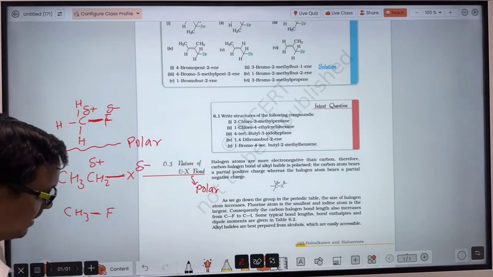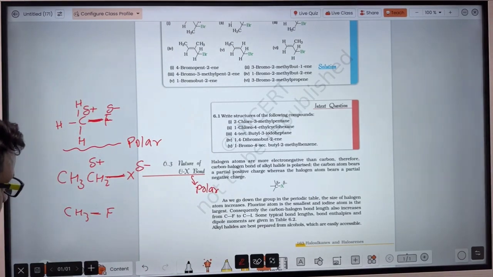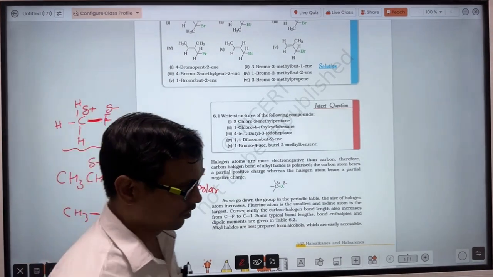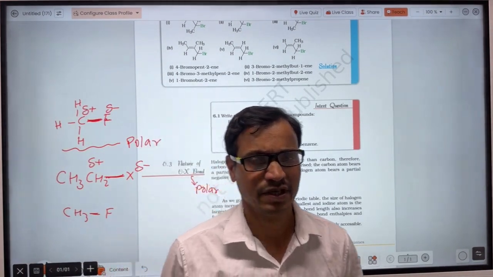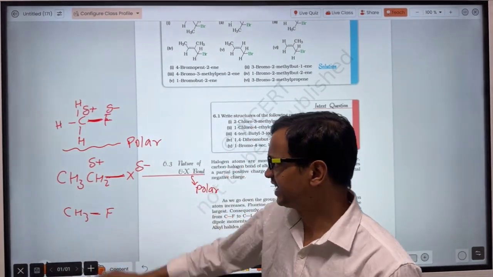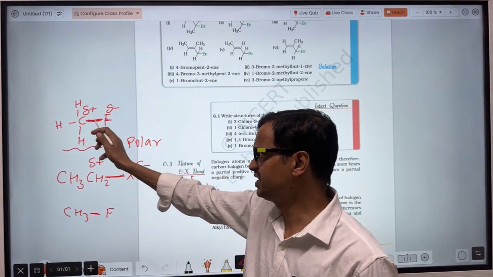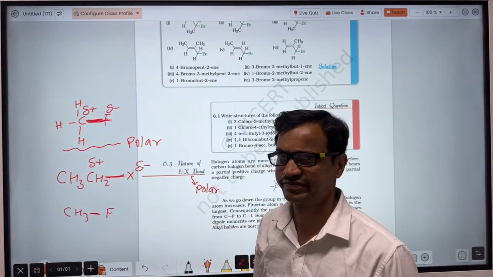When there is polarity, there will be a dipole moment also. The dipole moment is the product of the negative charge developed on the halogen and the C-F bond length.